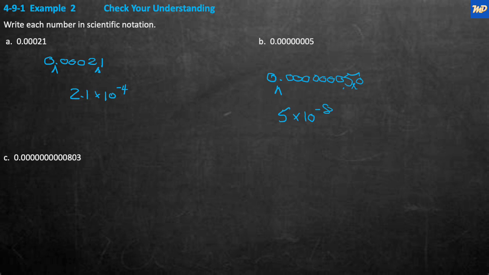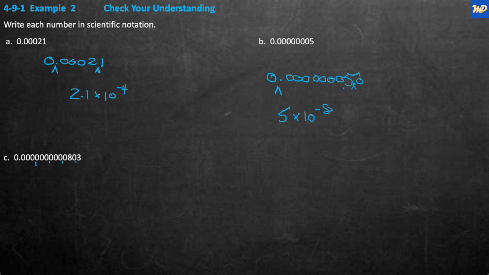Okay, and now this one down here, it's way long. So what do we have? I'm going to put a little marker. 1, 2, 3, 4, 5, 6, 7, 8, 9, 10, 11, 12, 13. Okay, 10, 11.